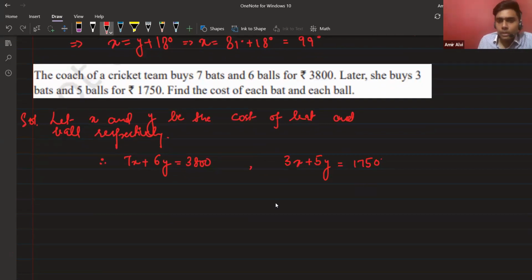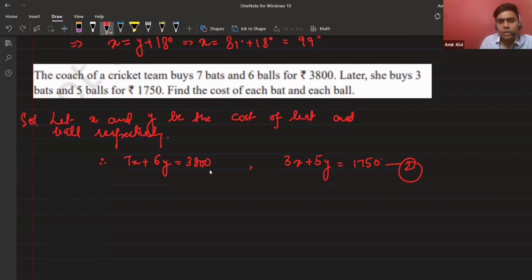So now tell me, let's take this. You can use any of the equations to substitute. It's up to us, and you can use any of the variables. I'm not saying that you can only substitute x. You can use y as well. It's up to you. The answer won't change. Okay, I'm taking the second equation.